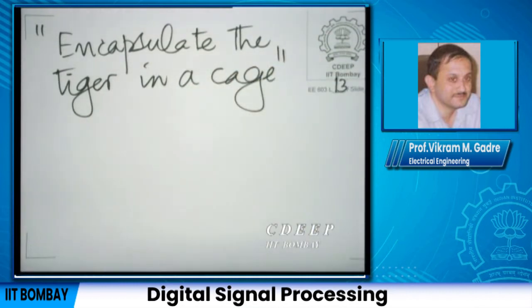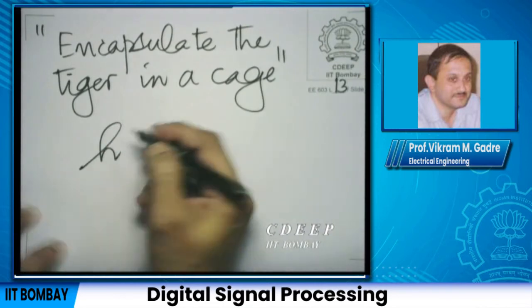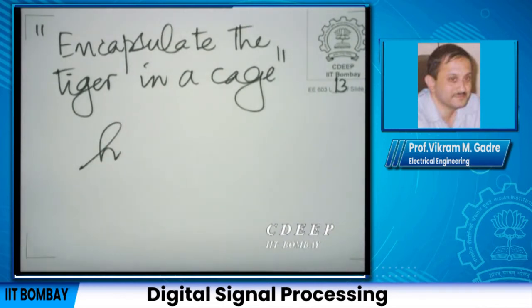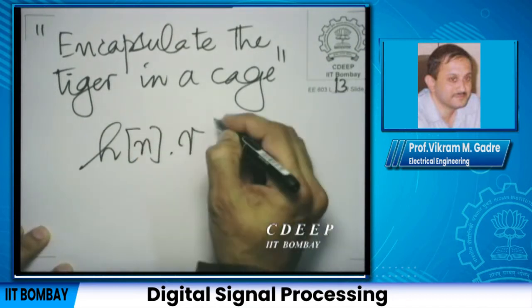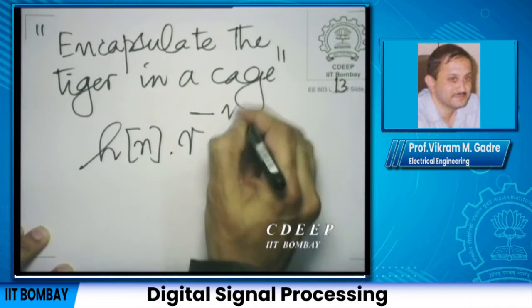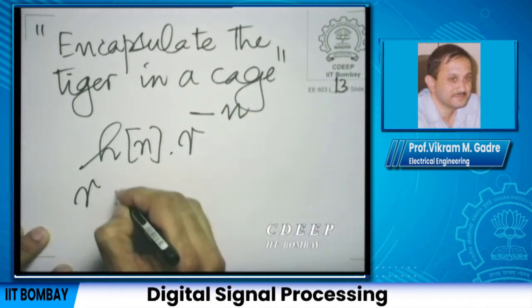We encapsulate the tiger in a cage by multiplying it. What is a cage? A cage is stronger than the tiger. So, we encapsulate the tiger in a cage by forcing an even more troublesome sequence on that system. So, multiply h[n] by r raised to the power minus n. r is a number greater than 0.